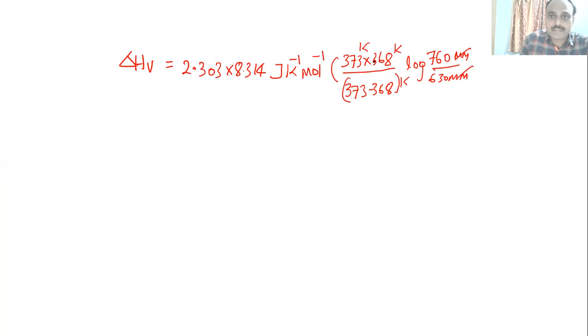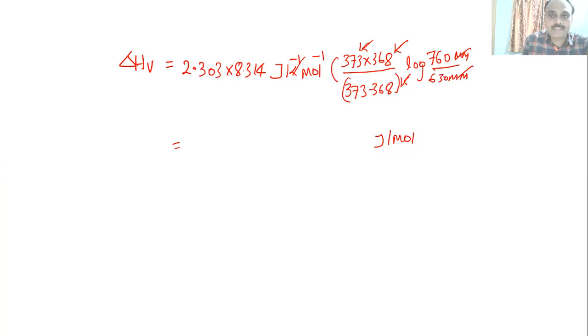This K and this K get cancelled, and this K and this per K get cancelled, and the remaining unit should finally be joule per mole, because the unit of delta HV is in terms of joule per mole.